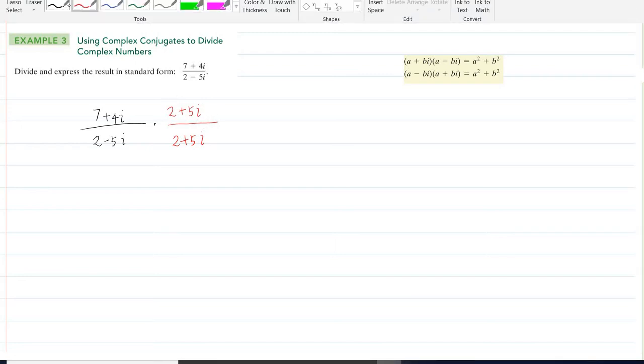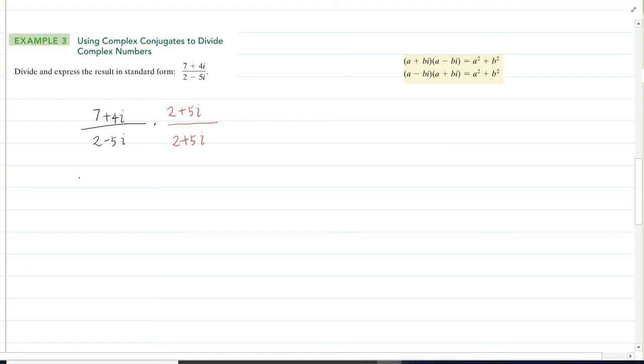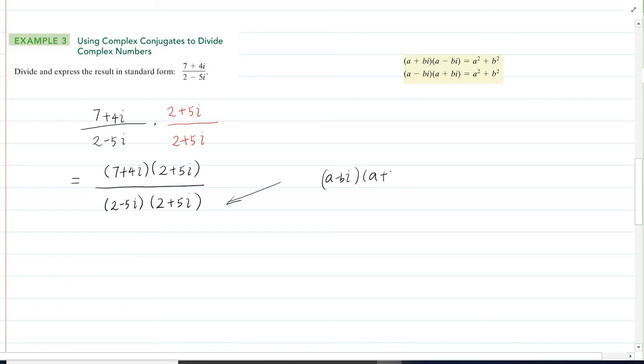So once we have this, we're going to simplify it. The numerator, I'm going to put parentheses there. That will be 7 plus 4i multiplied by 2 plus 5i. And then the denominator is the form a minus bi multiplied by a plus bi, so we're going to have a squared plus b squared.